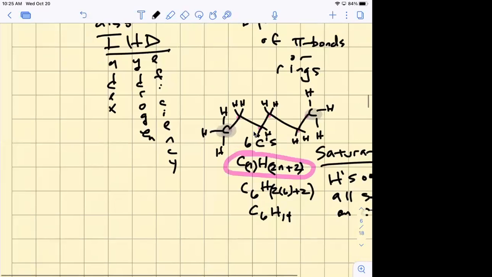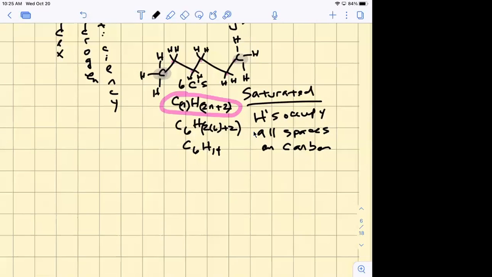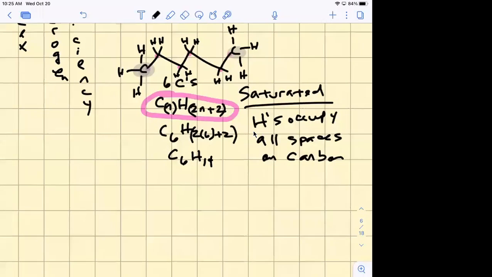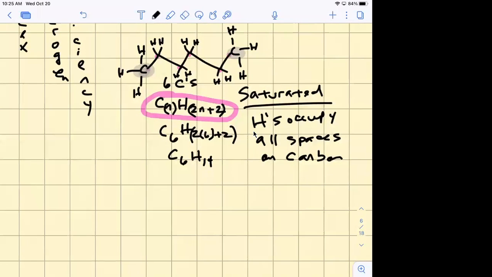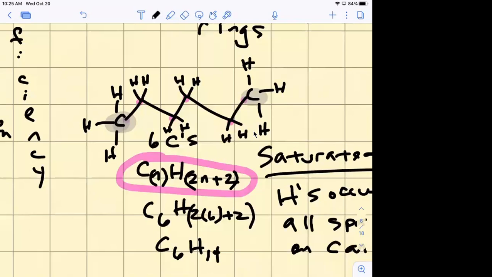But if I wanted to close that up and make it a 6-membered ring by attaching the 2 end carbons, I'm going to have to remove 2 hydrogens. If I take this carbon and attach it to that carbon, 2 of my hydrogens have to go.